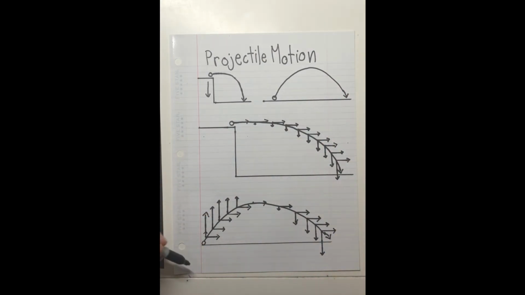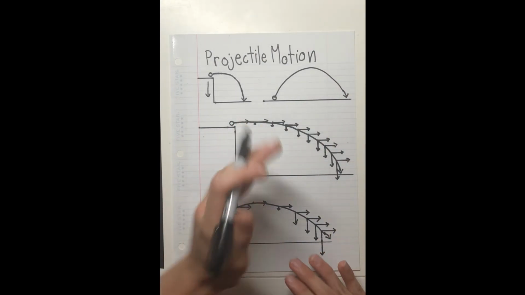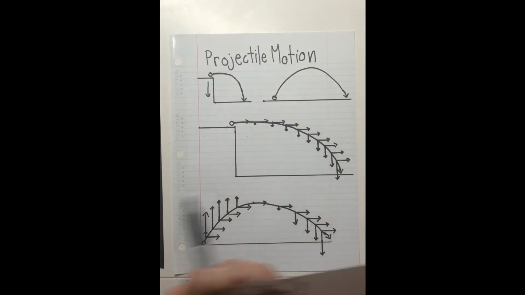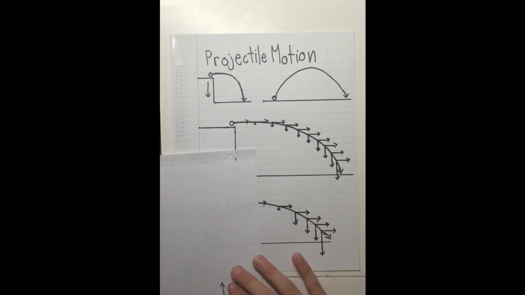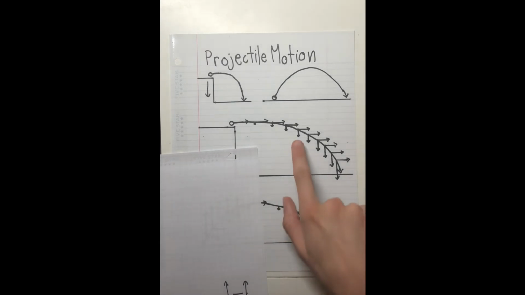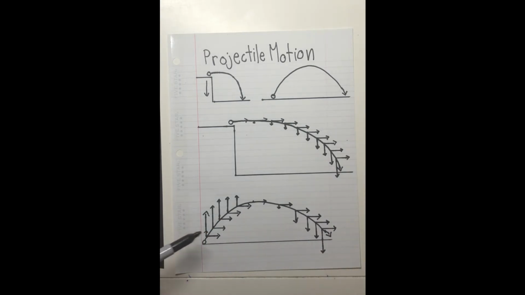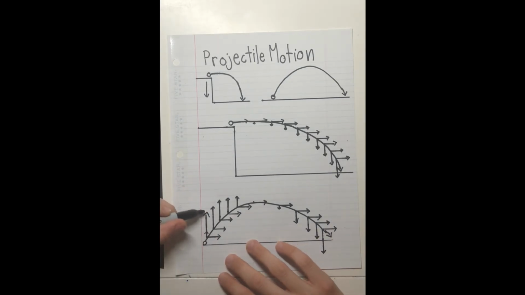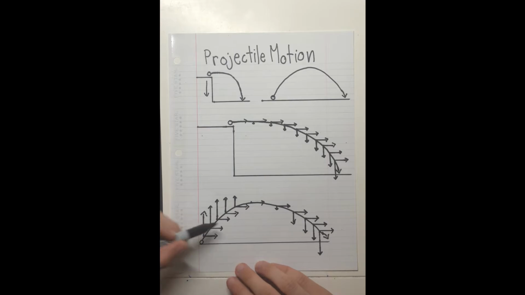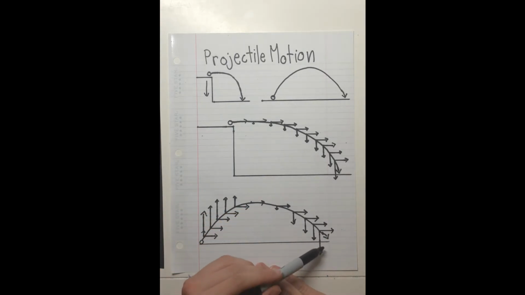And then in a parabola, it's a bit more confusing, but actually, let me bring this paper back over here. If you cut off the bottom half, or the first half, you'll notice it's the exact same up here, right? There's just the same thing going on. So all there really is, is another half attached to it. And you can see that the length of this arrow at the very beginning going upwards is going to be the same length as this arrow going downwards on the opposite side.